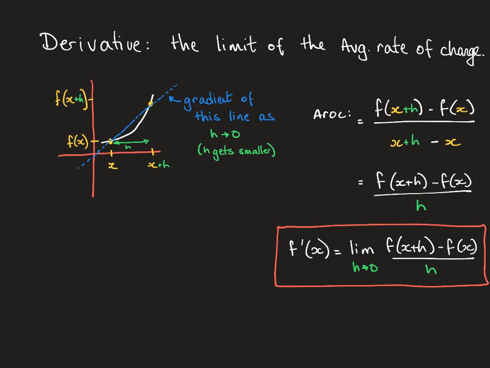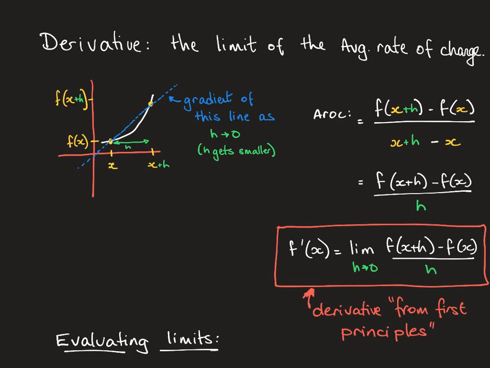So this is often the formula that you'll see for the derivative function. And because we're starting from the average rate of change, we call this our first principles rule. Finding the derivative from first principles, we evaluate this limit.